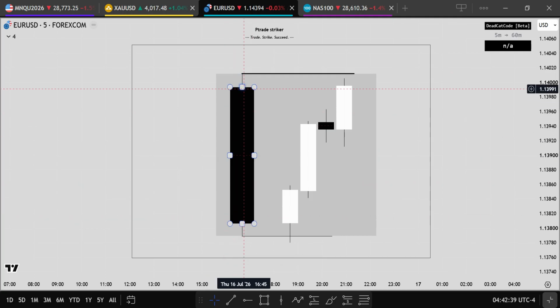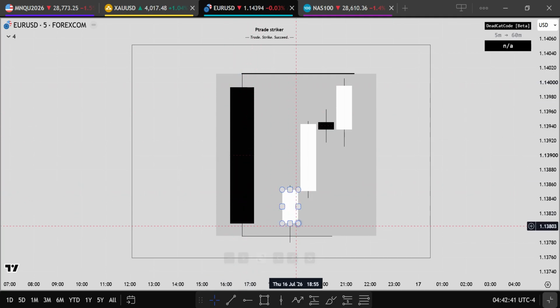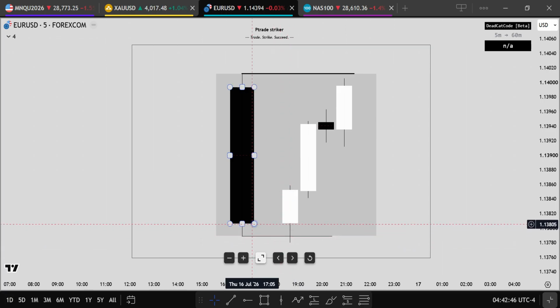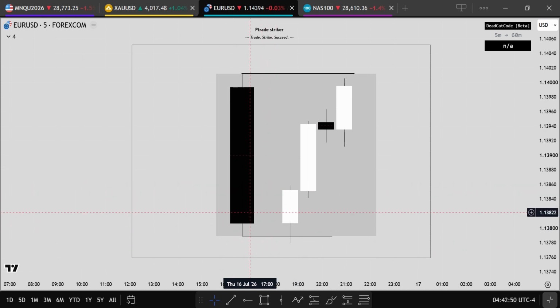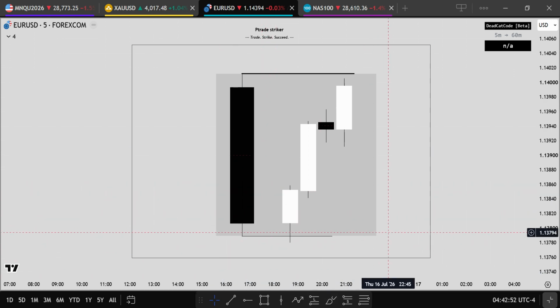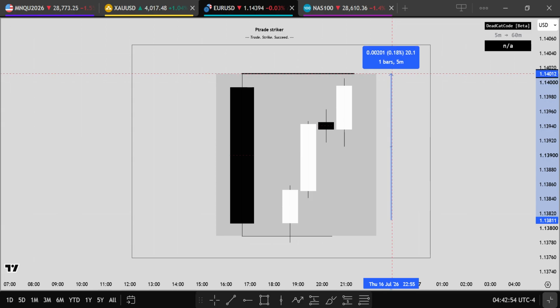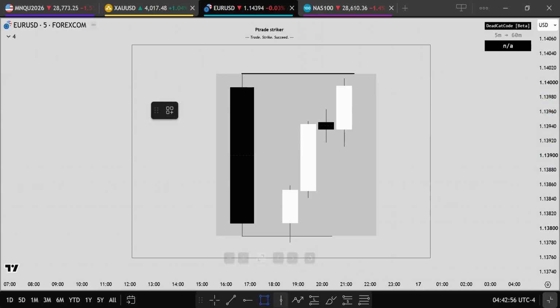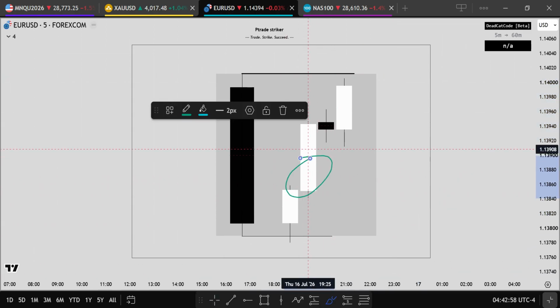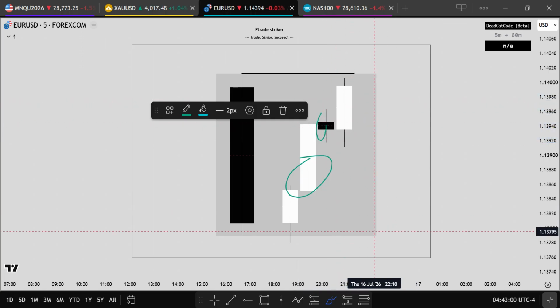We mark the candle high and candle low, and then we see if there is any candle close under the previous candle range, then this range gets activated and we try to catch the move for the upside, on this candle, on this candle, on this candle, right?